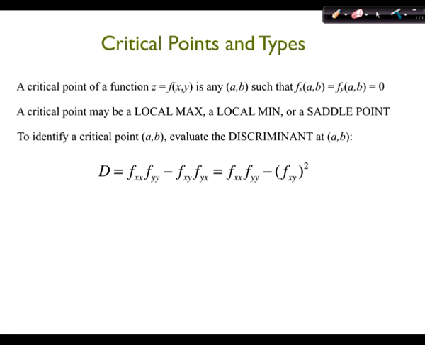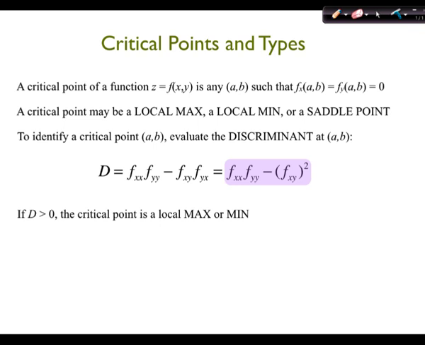But the mixed partials are equal by a thing called Clairaut's theorem. We didn't take the time to look at that, but those are equal, so you can just pick one of them and square it. So this is the discriminant. You take the product of the second partials with respect to x and y, subtract one of your mixed partials squared, and you get a number.